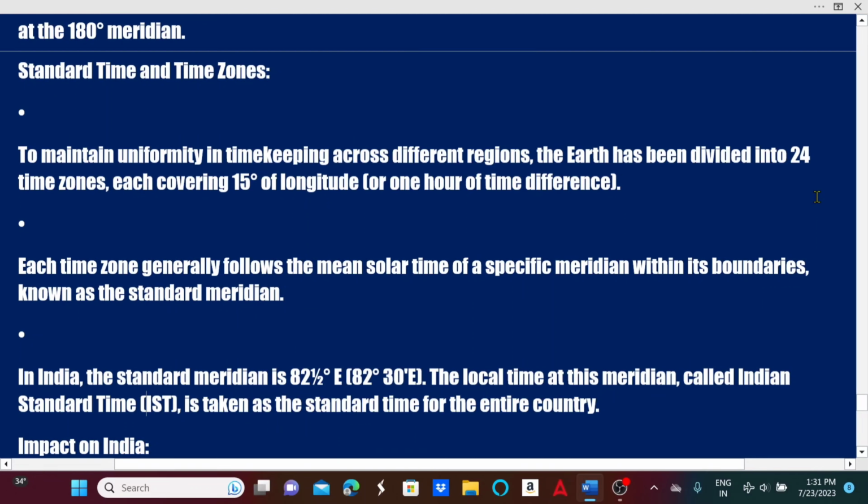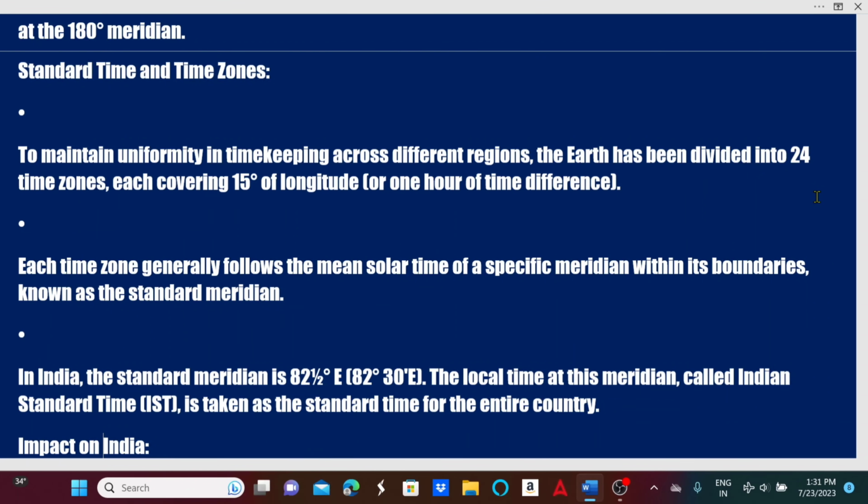Okay, we have accepted 82 1/2 or 82 30 E as our official time. E means east of London, or you can say the prime meridian, and it is taken as the standard time for the entire country.